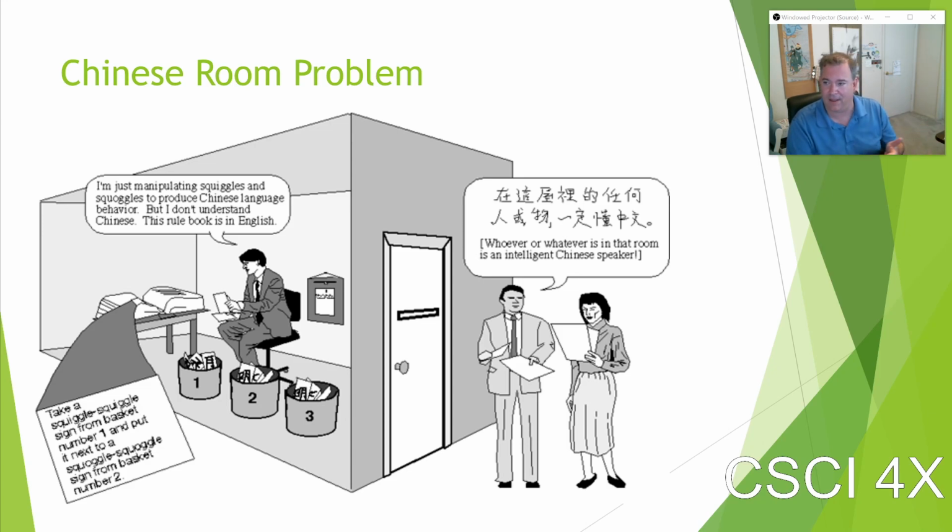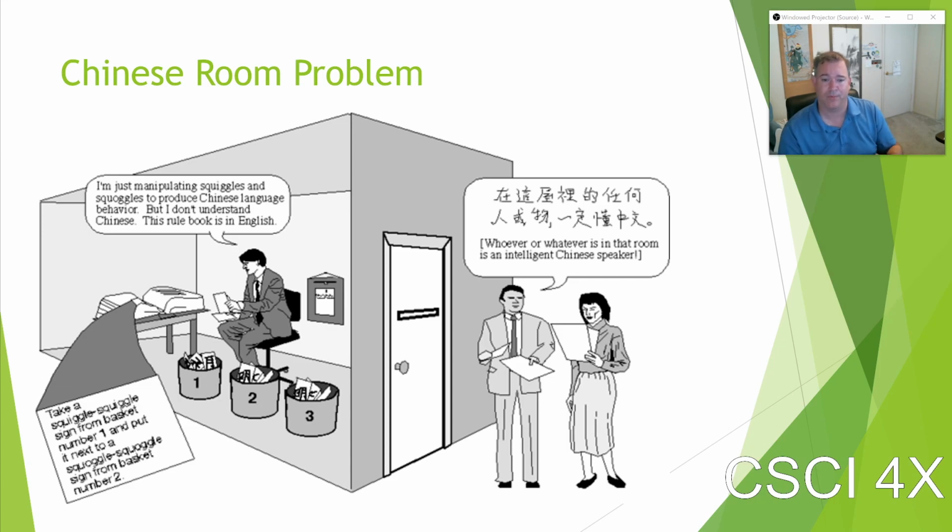And then at the end of the day, it produces some characters. Really bad handwriting, I don't know. Then the person on the inside passes the thing back out. And the people on the outside think, wow, that person knows how to speak Chinese. That person's a really intelligent Chinese speaker.